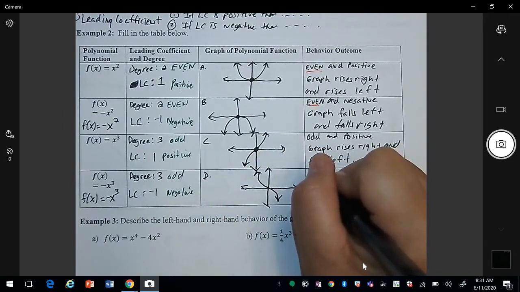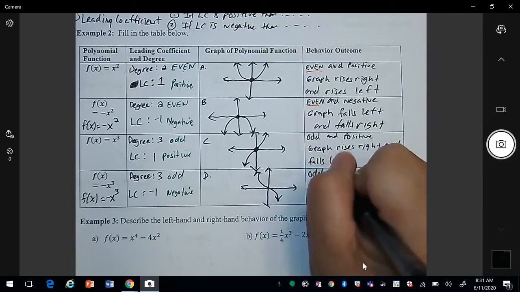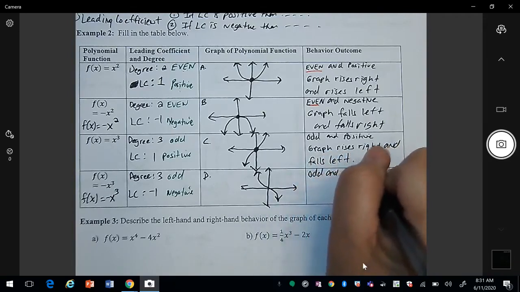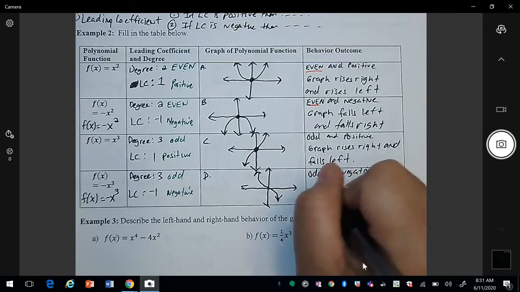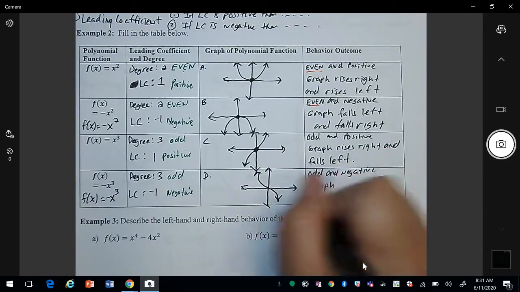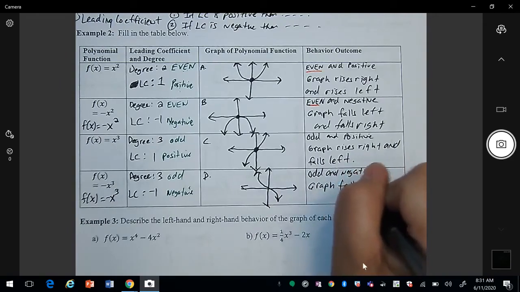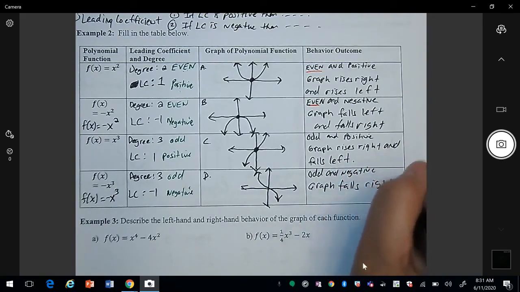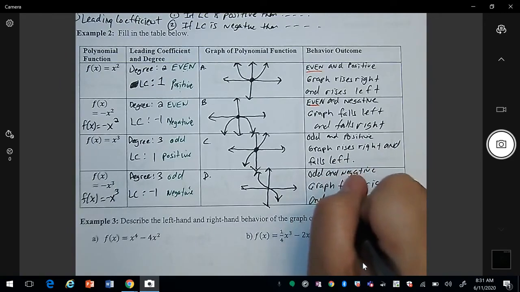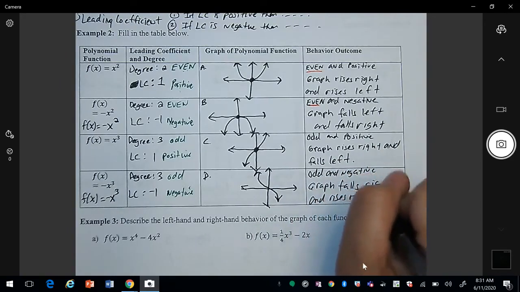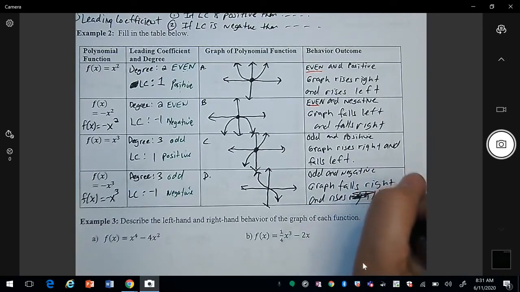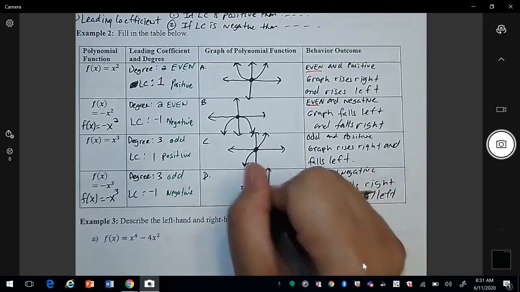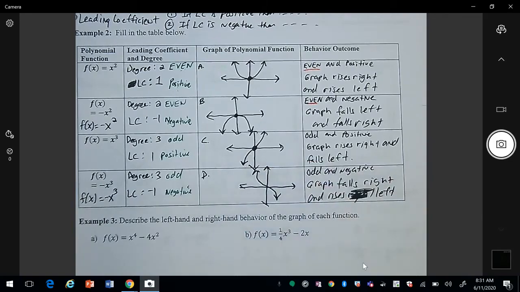Okay, so if your degree is odd and you have a negative leading coefficient, then we say that the graph rises left and falls right.